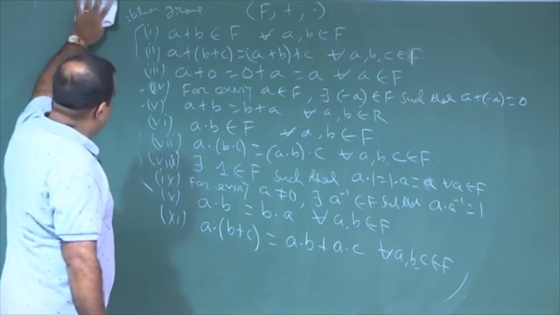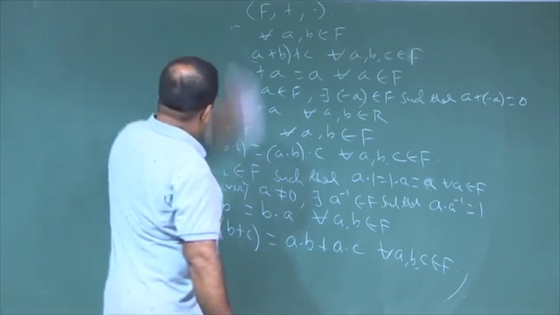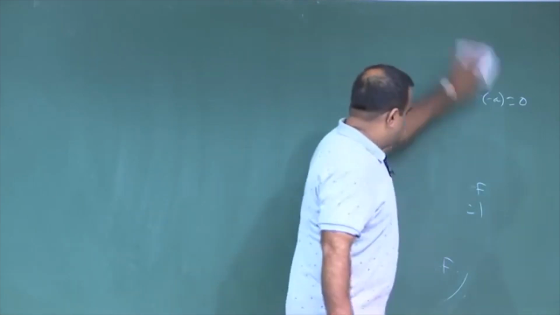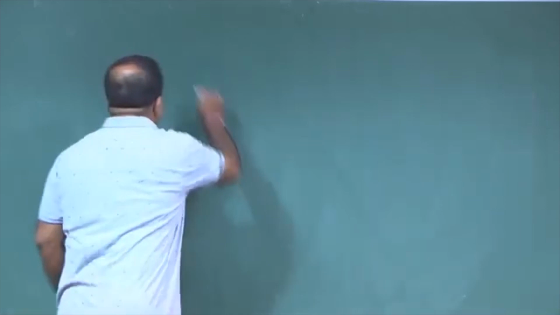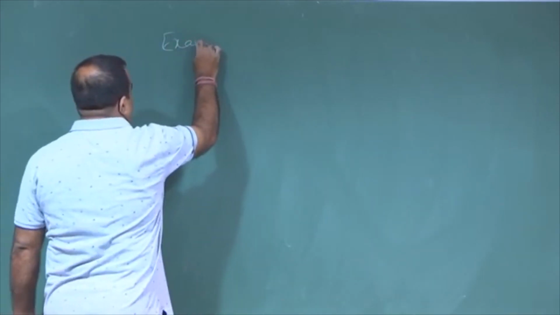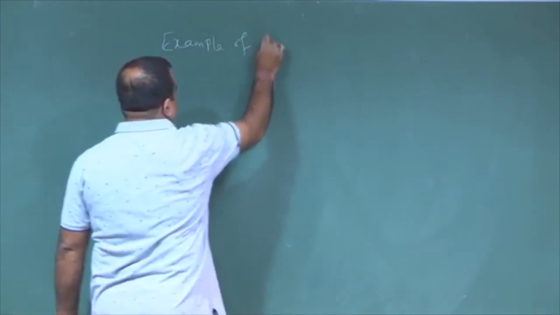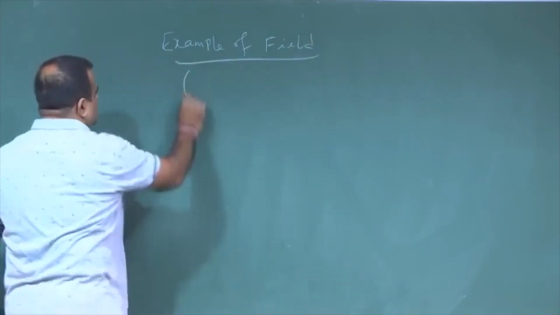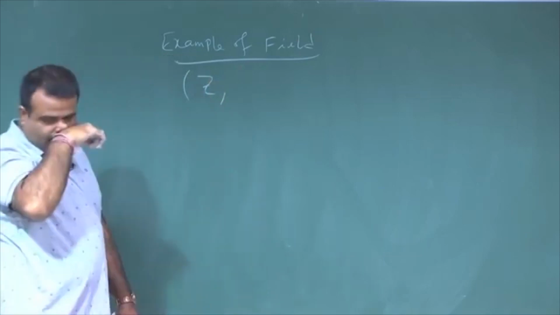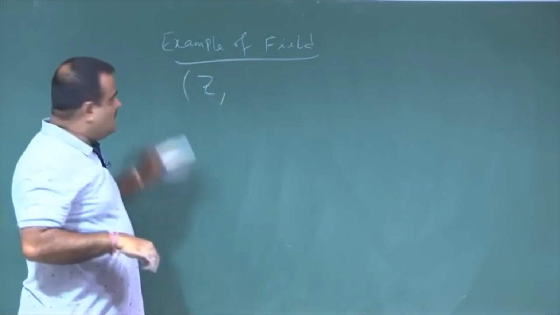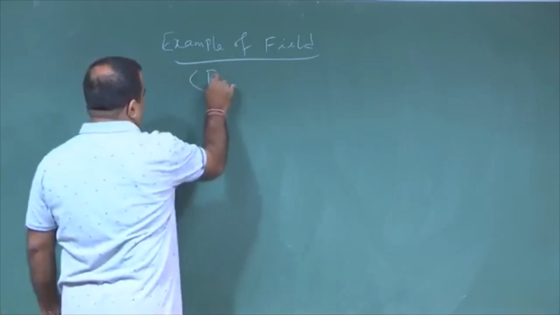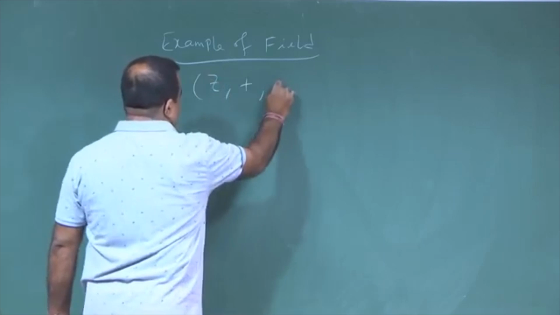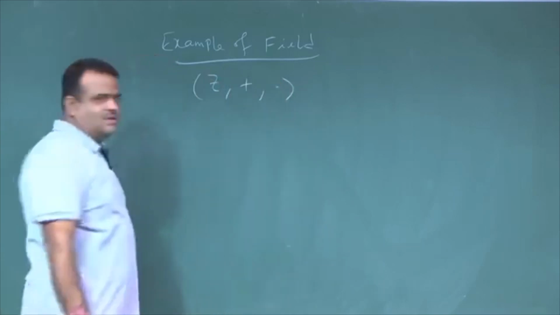Now, we quickly take some examples of field. Okay, so, Z, real number, sorry, Z is not a field. Why? The set of integers is not a field, because inverse is not there.